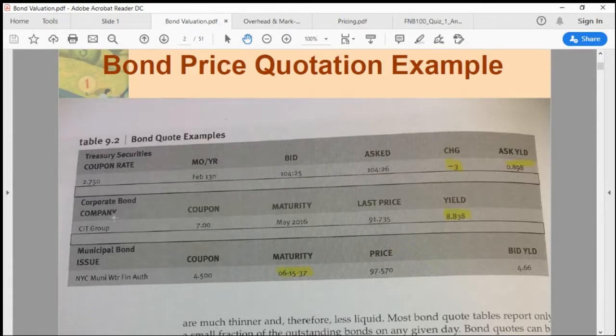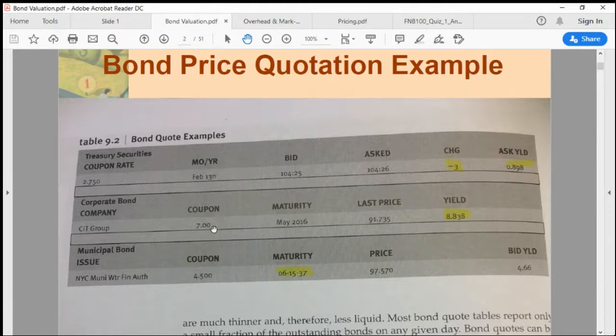And compared to that, corporate bond. In the first column, it's showing you the name of the issuer, CIT Group. Coupon rate comes in the second column. Compared to Treasury, the coupon rate is quite high.